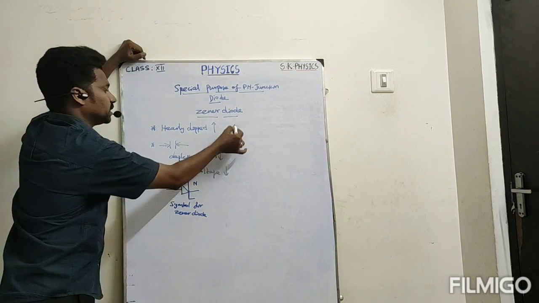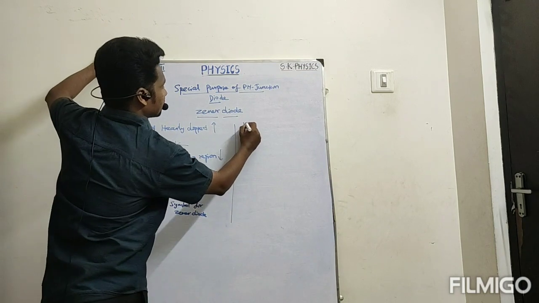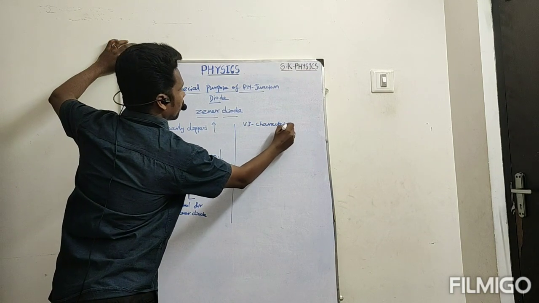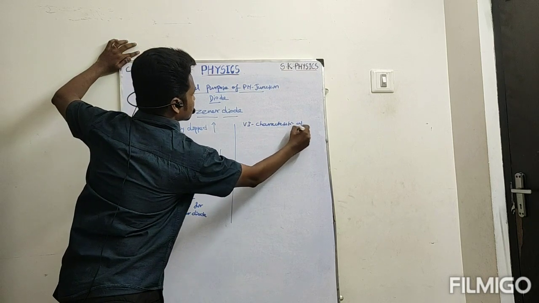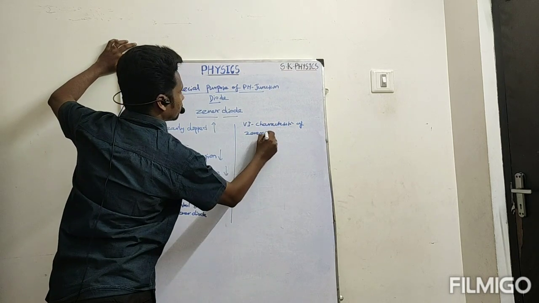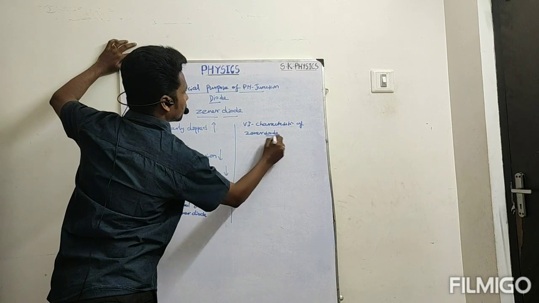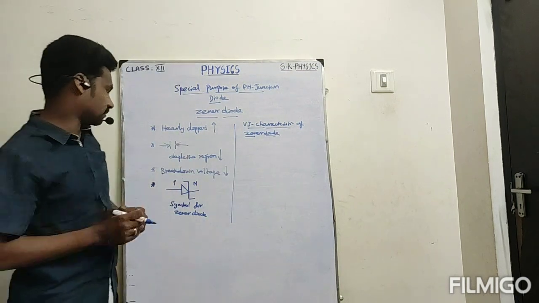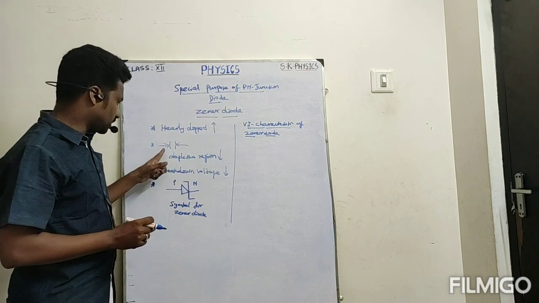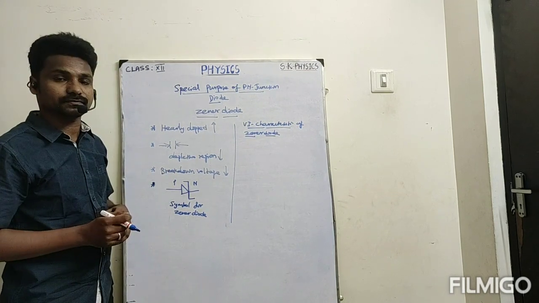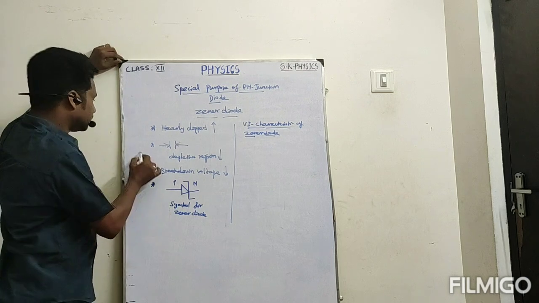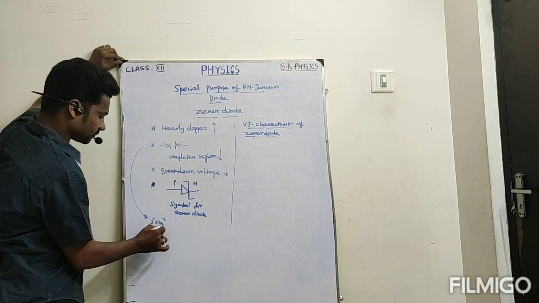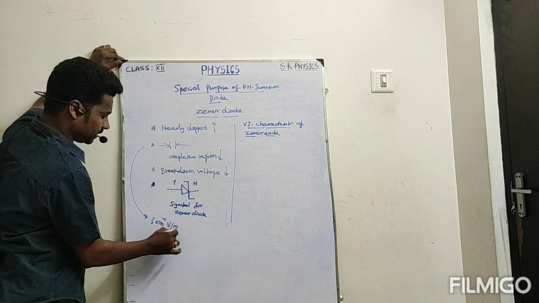Okay, now next we see the VI characteristics of the Zener diode. Listen, students, one more important point. If you focus on the depletion region, there the electric field is nearly 3 into 10 power 7 volt per meter.